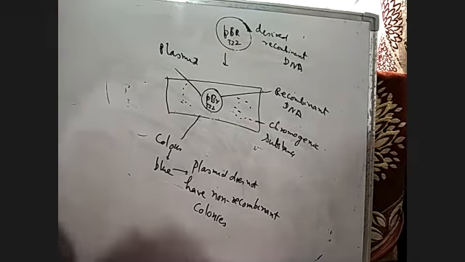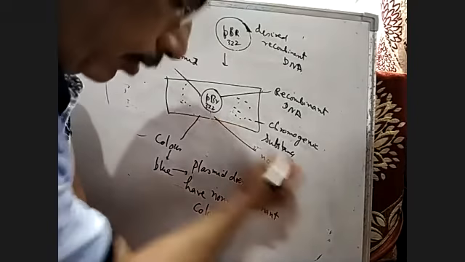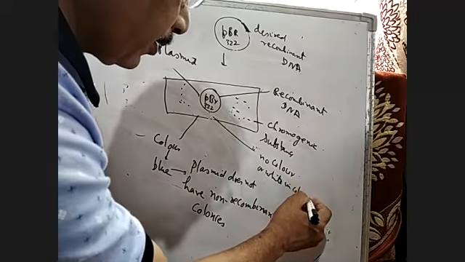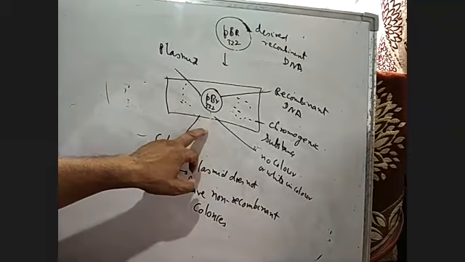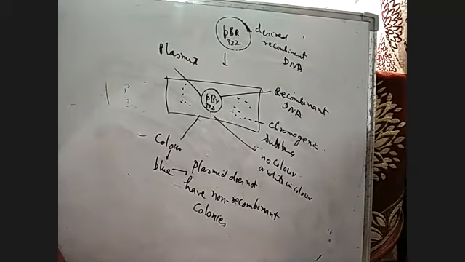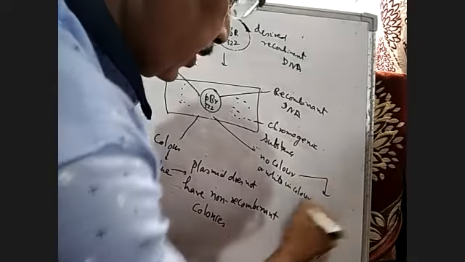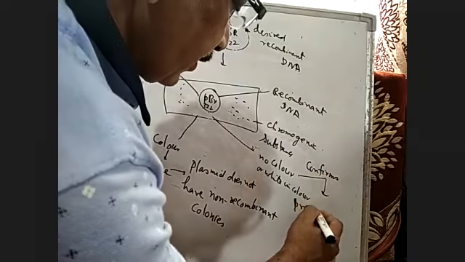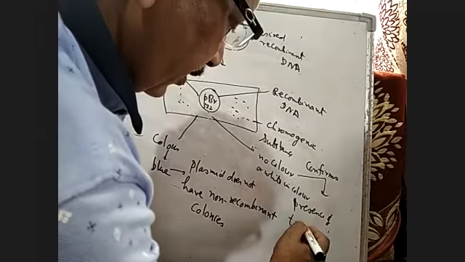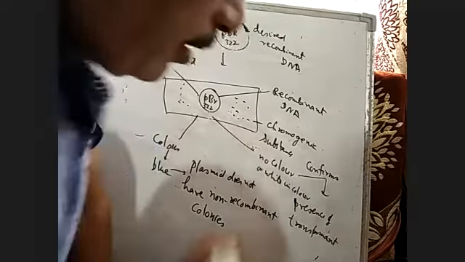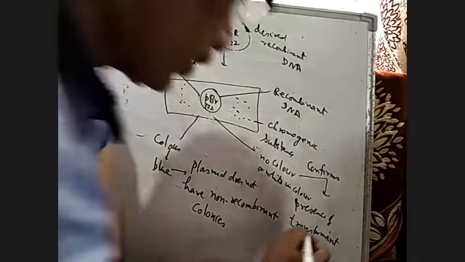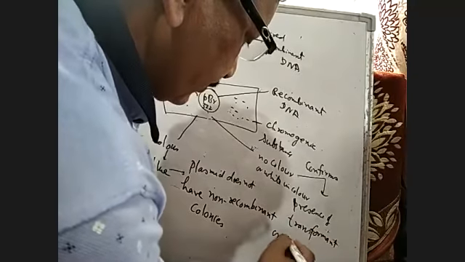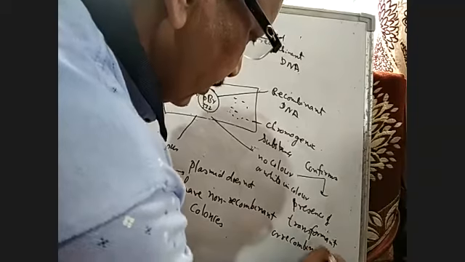If there is no color, or the color appears white, then it indicates the presence of transformant or recombinant colonies.